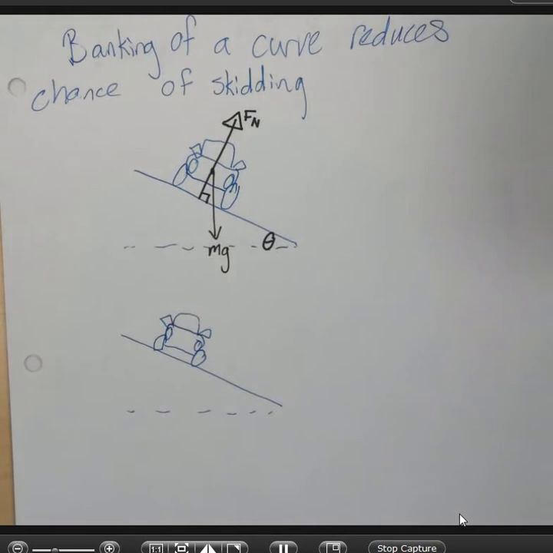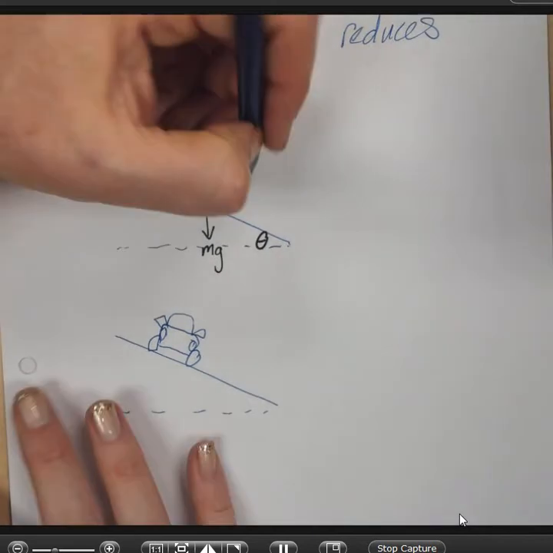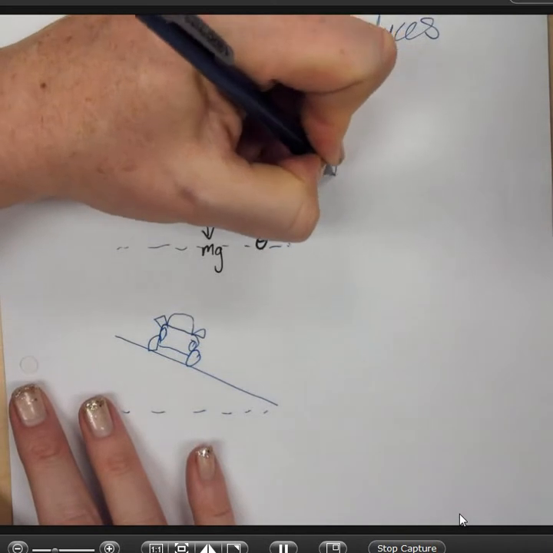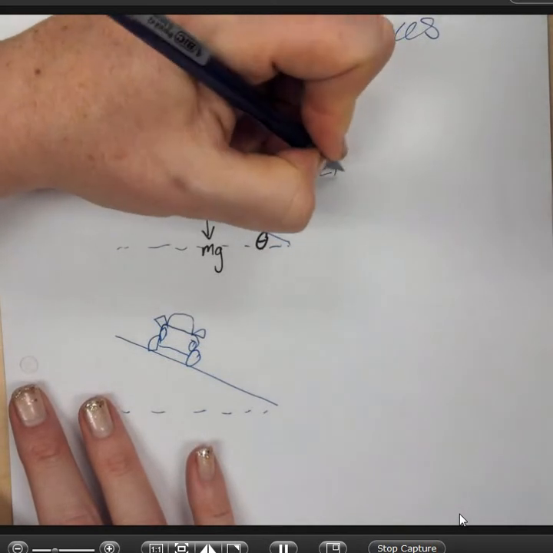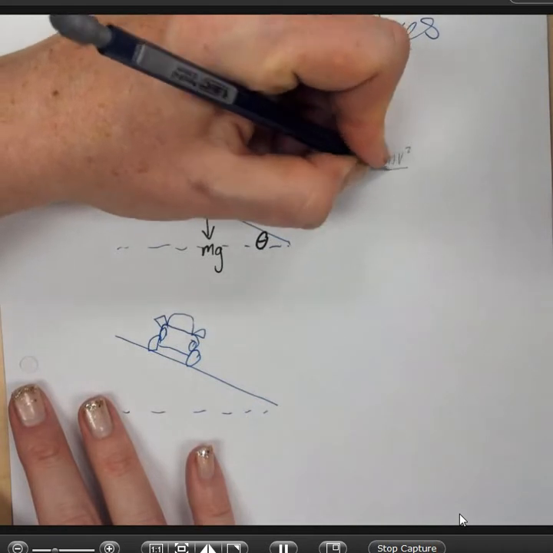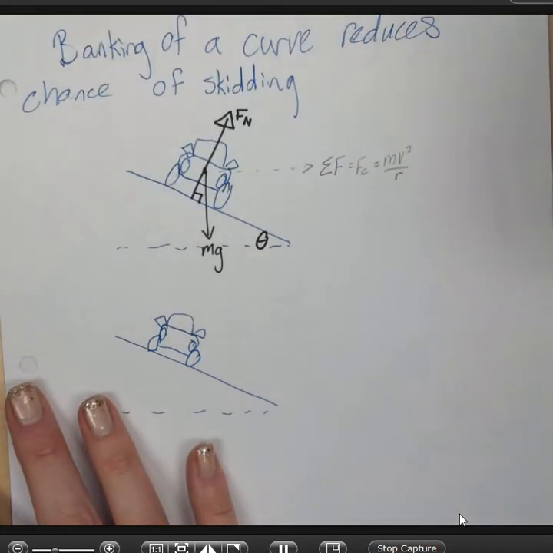If we assume that we want our net force to be pointed toward the center of the circle, then this is the direction that we would like our net force, or our centripetal force, to be in, because we want to make this turn. Well, that makes sense.